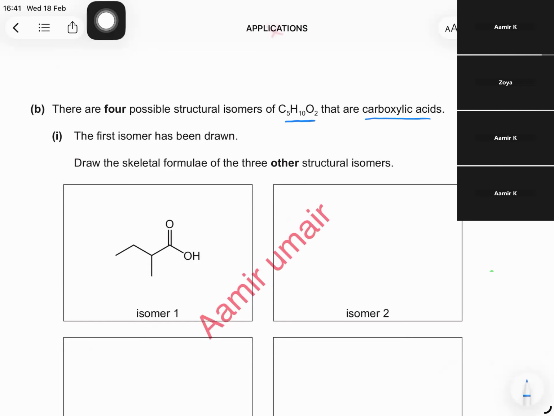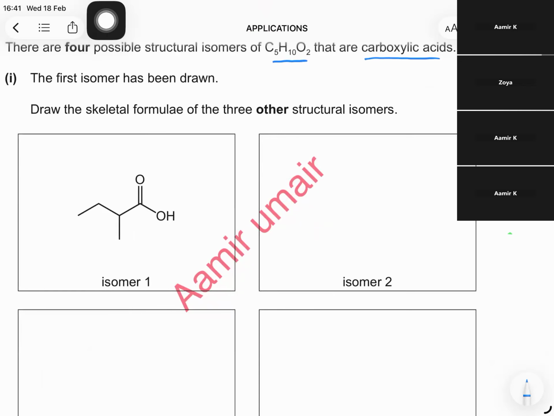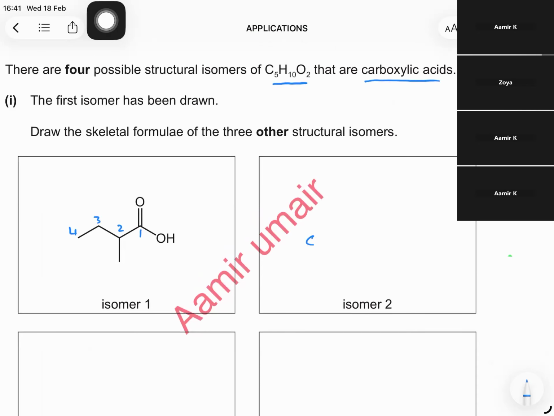So here are the four possible structural isomers for this C5H10O2. The first one I have shown here, 1, 2, 3, 4, and this is branched. The other isomers you have to show. Let's put all 5 carbons in one chain, 1, 2, 3, 4, and then 5.